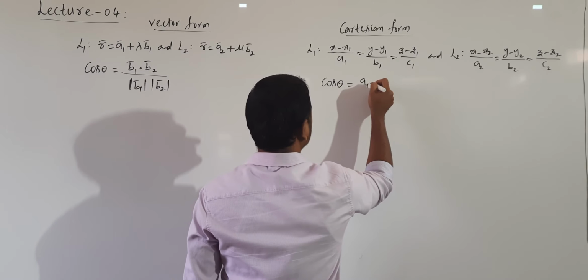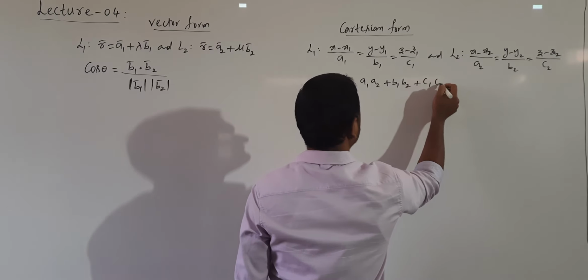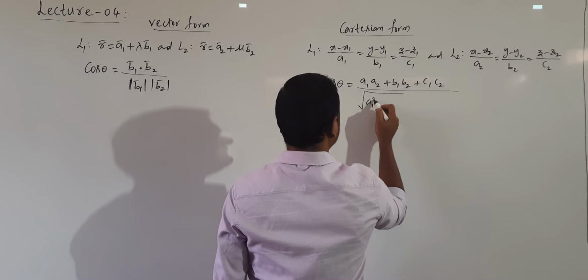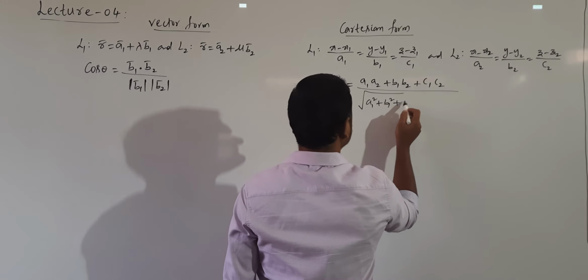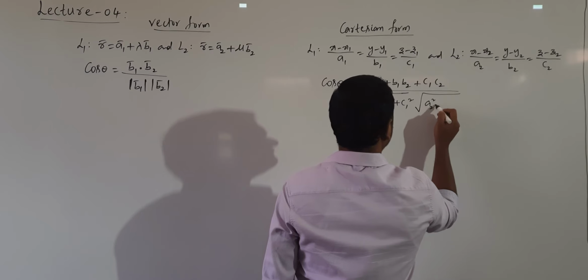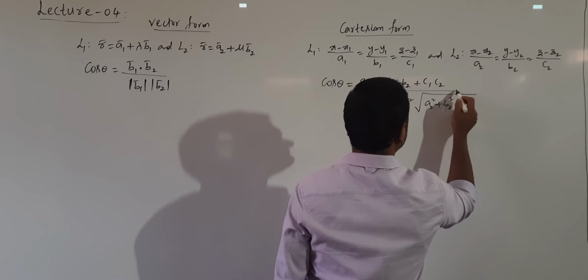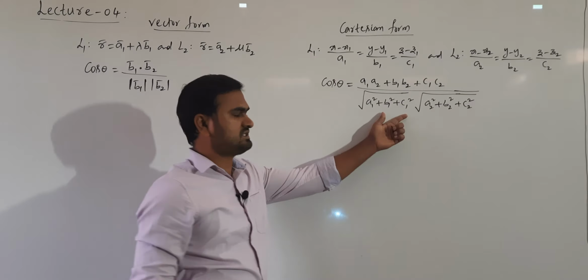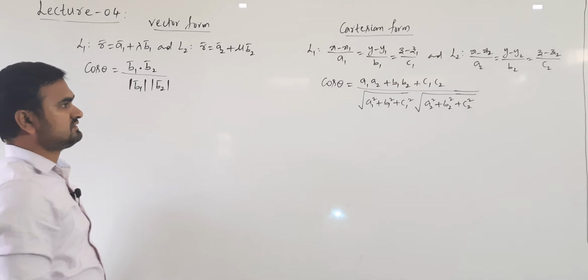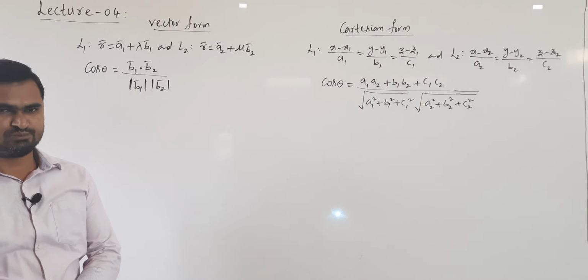So, it is a1, a2 plus b1, b2 plus c1, c2 divided by root of a1 square plus b1 square plus c1 square into root of a2 square plus b2 square plus c2 square. Okay. Cartesian form we are deriving using this vector form. Okay. So, when lines are given in these two forms, we are finding the angle between these two. Next.